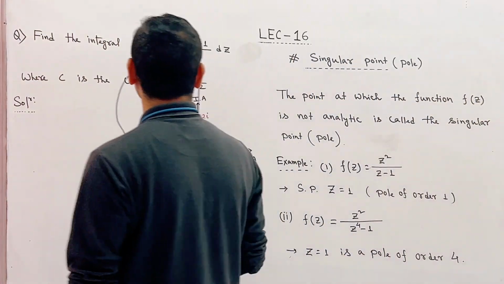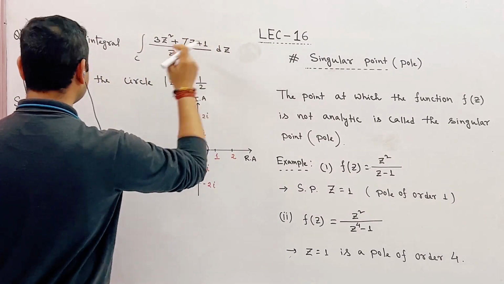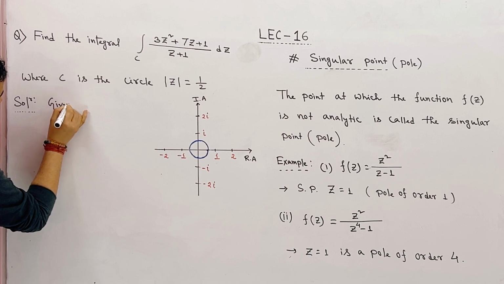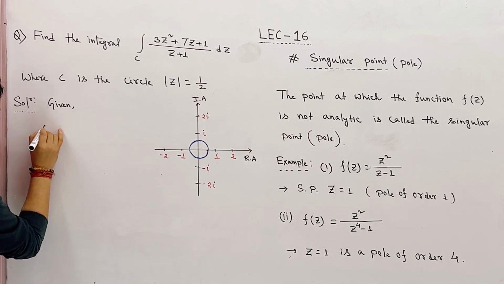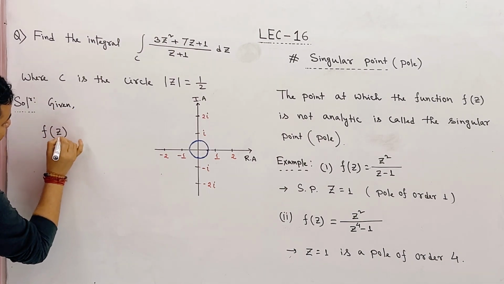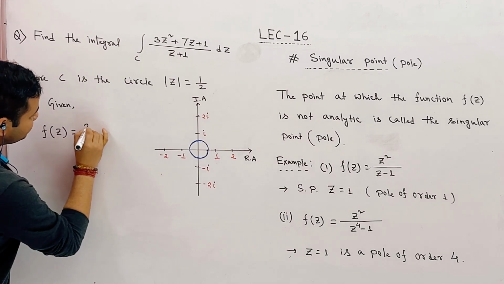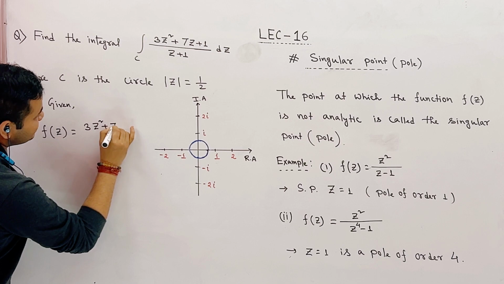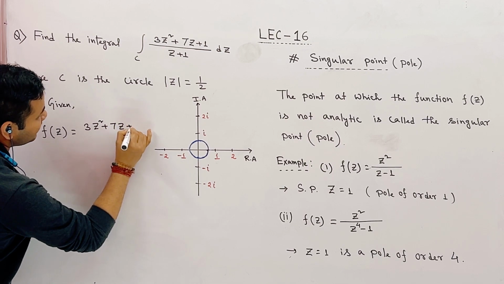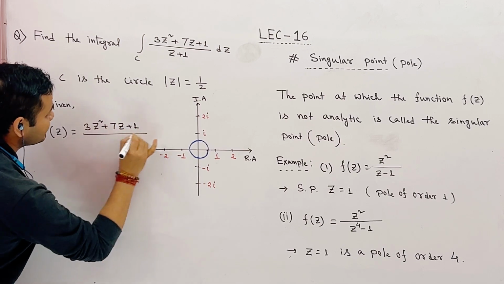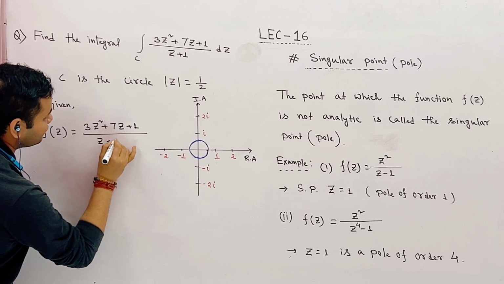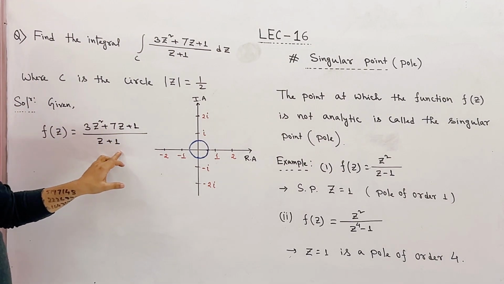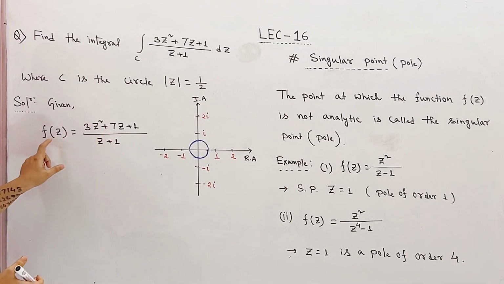According to this problem, f of z equal to this one. So given, f of z is equal to 3 z square plus 7 z plus 1 divided by z plus 1. Here we have seen that z equal to minus 1 is the singular point for this function f of z.